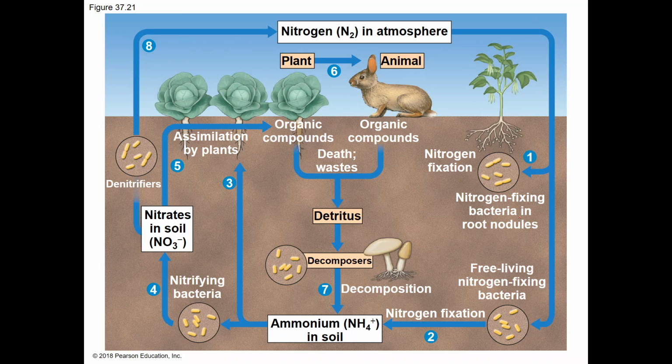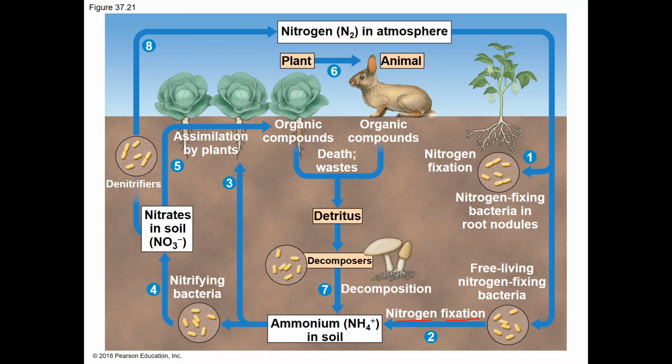The first step here: these bacteria that can take N2 gas and make it into ammonium are nitrogen fixers, nitrogen fixing bacteria. The ones that can convert ammonium into nitrates, we refer to as nitrifying bacteria.